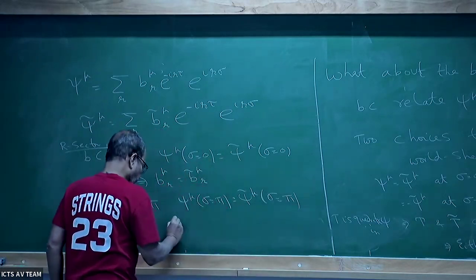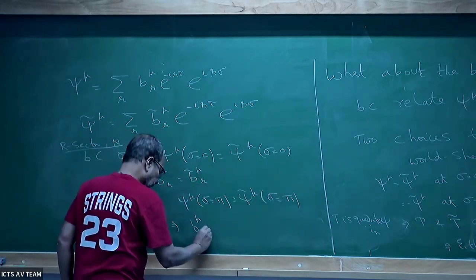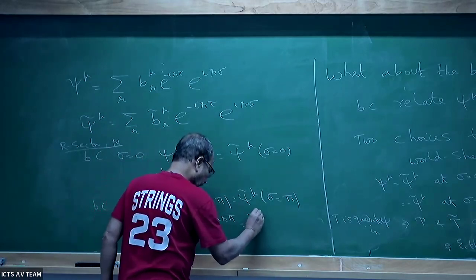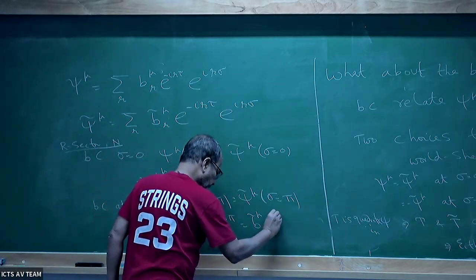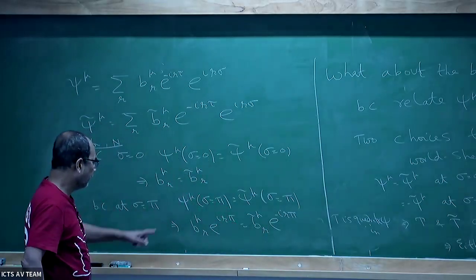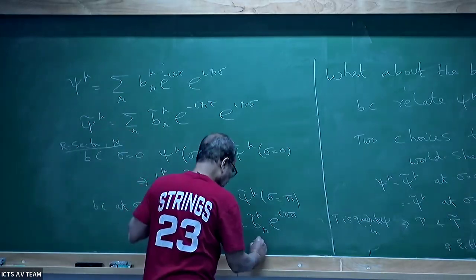So b mu r e to the i r pi would be b tilde mu r e to the minus i r pi. But b tilde mu r is already b mu r.